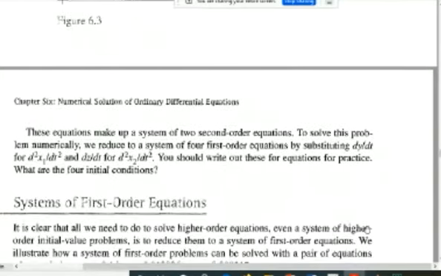We can transform this system of higher order differential equations to a new system of single order, or first order, differential equations by substituting dy divided by dt for the second order derivative of x1 with respect to t, and dz divided by dt, or z prime, for the second order derivative of x2 with respect to time.